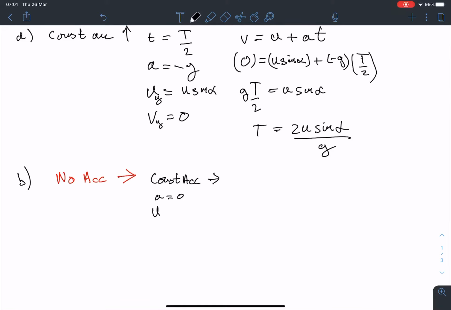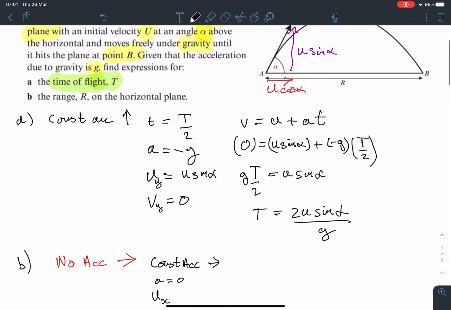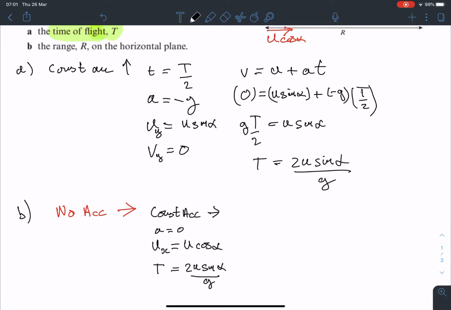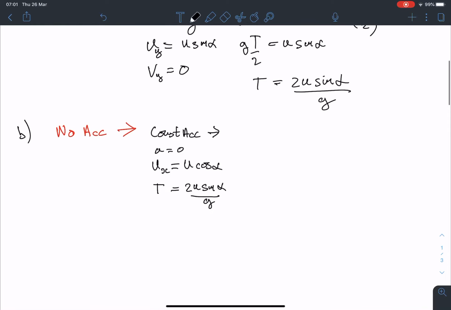We know our initial speed, come back to our diagram, is u cos alpha horizontally. We know that the time of flight, capital T, is 2u sine alpha over g, and our distance is this time called capital R, the range as defined in the question.